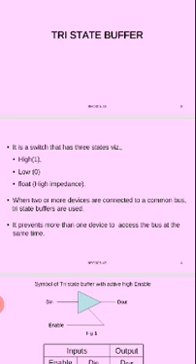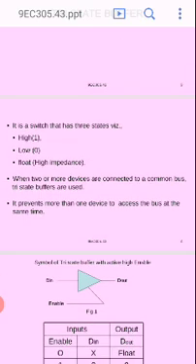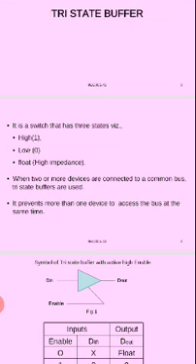Low is the one state. Output high is the one state. Neither low nor high, that is called as a high impedance state.